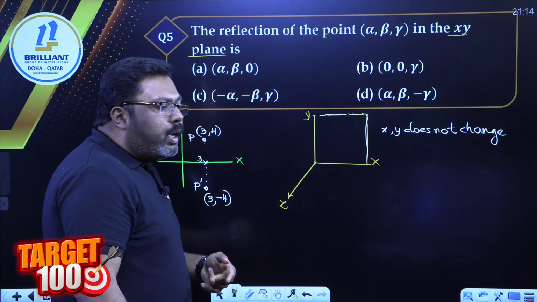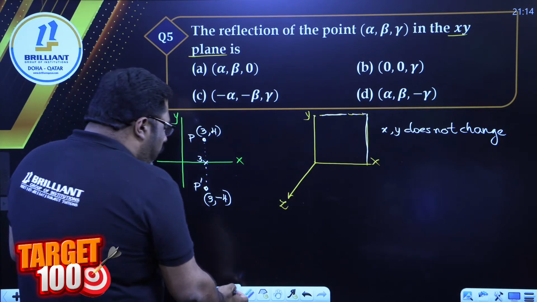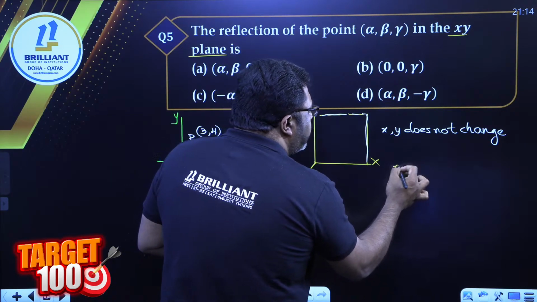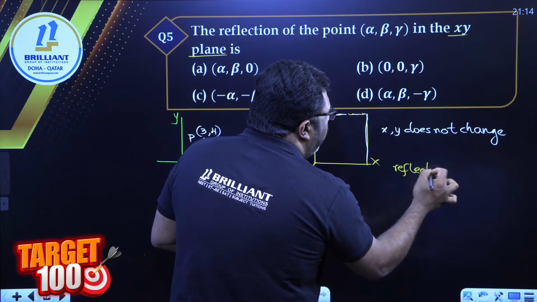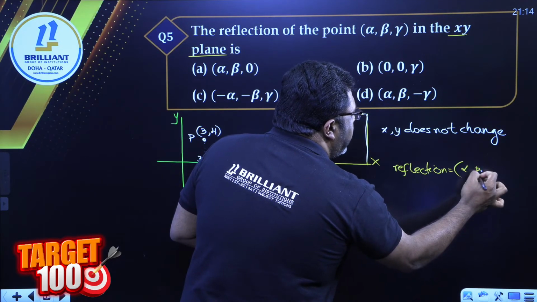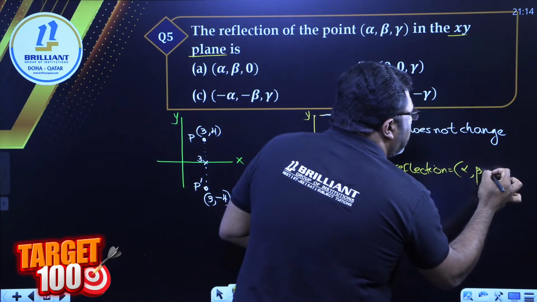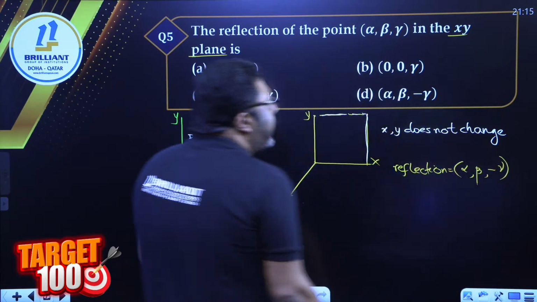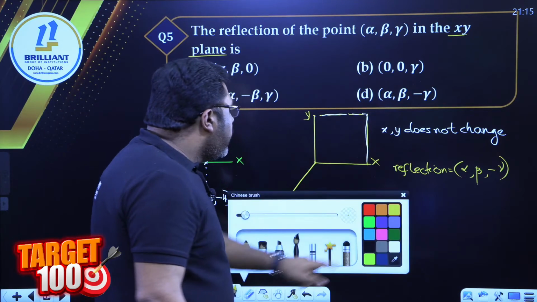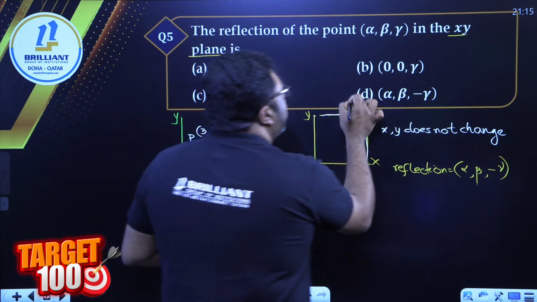Very good, Nitin, Abin and Sana. So what's your answer for the reflection of alpha, beta, gamma? Alpha does not change. Beta does not change. But gamma becomes negative. So my final answer is alpha, beta and minus gamma.